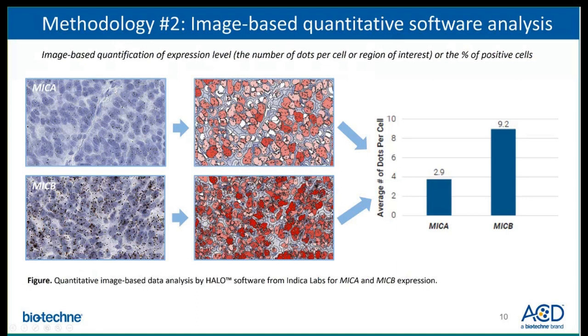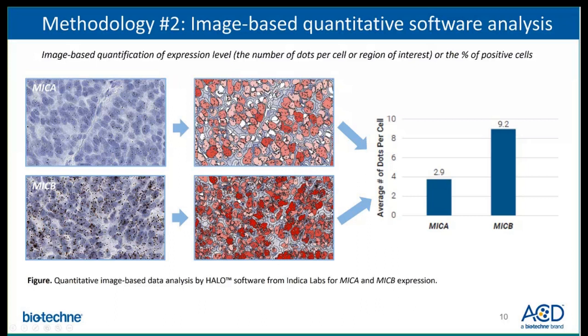And at this point, you have the freedom to report the result as average dots per cell, average dots per ROI, or the total number of ROI.